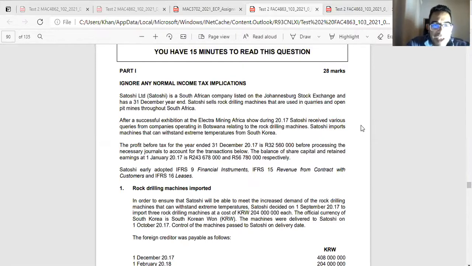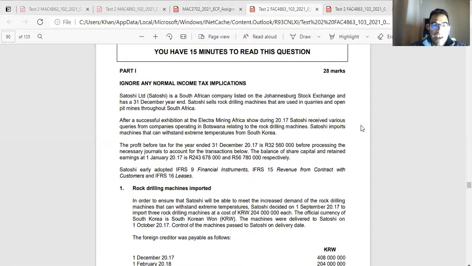The profit before tax for the year ended 31 December 2017 is 32,560,000 Rand before processing the necessary journals to account for the transactions below. The balance of share capital and retained earnings at 1 January 2017 is 243,678 million Rand and 56,780,000 Rand respectively.